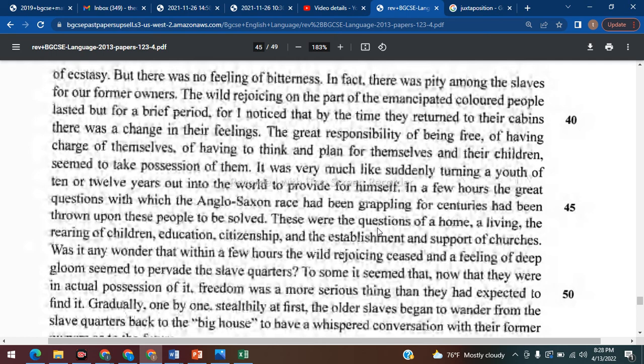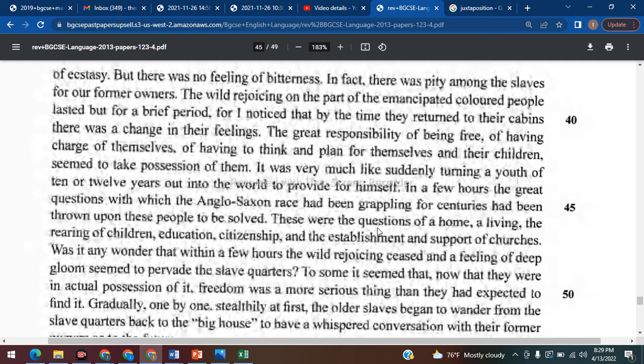What the author did was deliberately put the questions one by one, list after list, question after question, so as to give the reader a sense that this is a lot of things going through their mind, and a sense of what's happening to the slave, that they have to grapple with all these problems. To make it feel like a lot of things they have to deal with, the author lists them one by one, right after the other, consecutively.